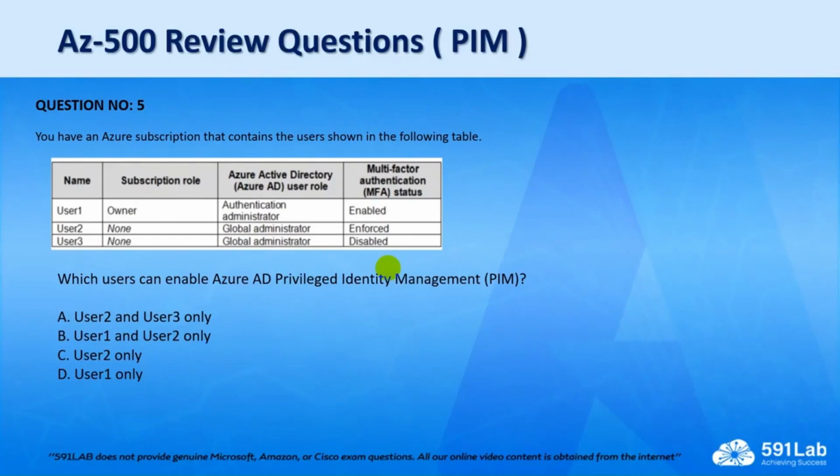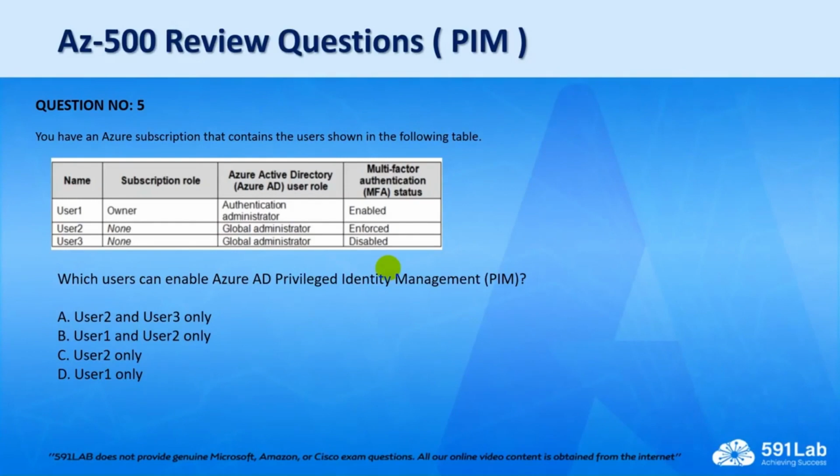Now, which users can enable Azure AD Privileged Identity Management? Okay, that's an easy one and a tricky one both. If you look at the table, it also says the multi-factor authentication status. This piece of information is here to make us a little bit confused, so we do not need to look at it. We clearly know the global administrator role is the one which is required to enable Privileged Identity Management. So let's look at which users have the global administrator role.